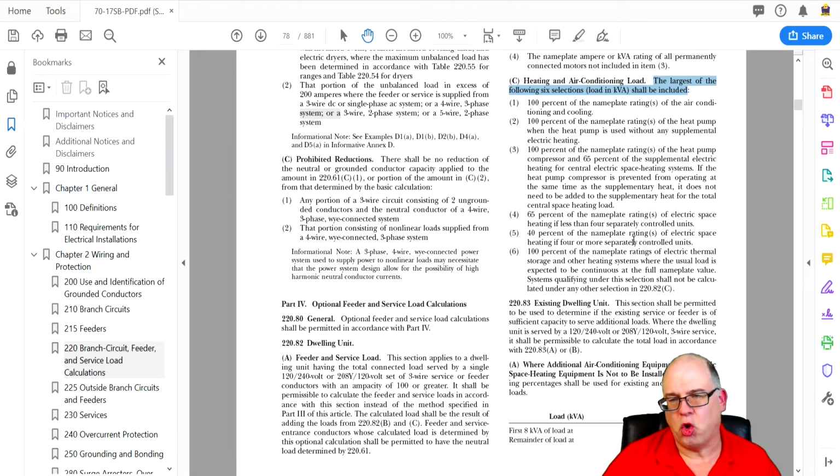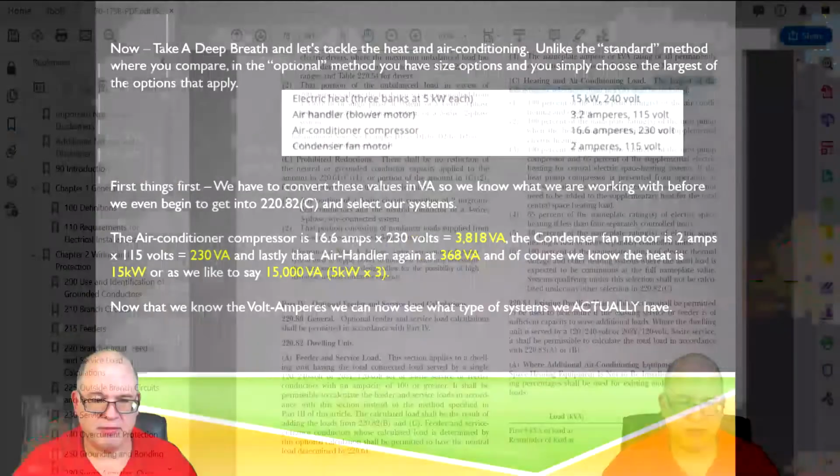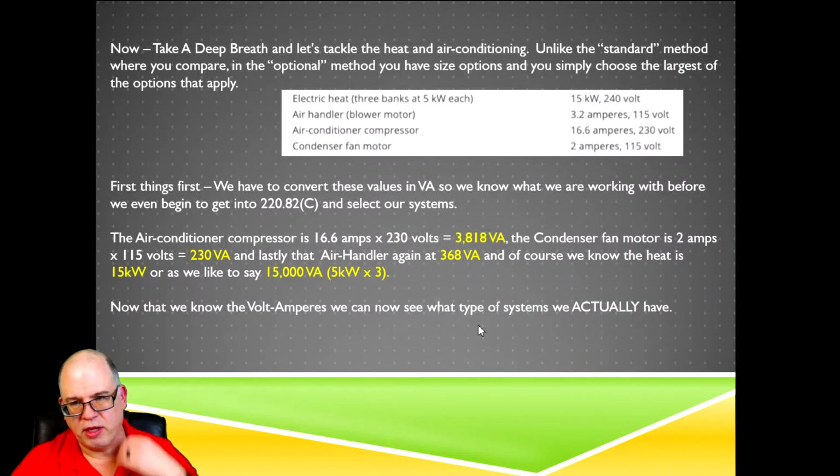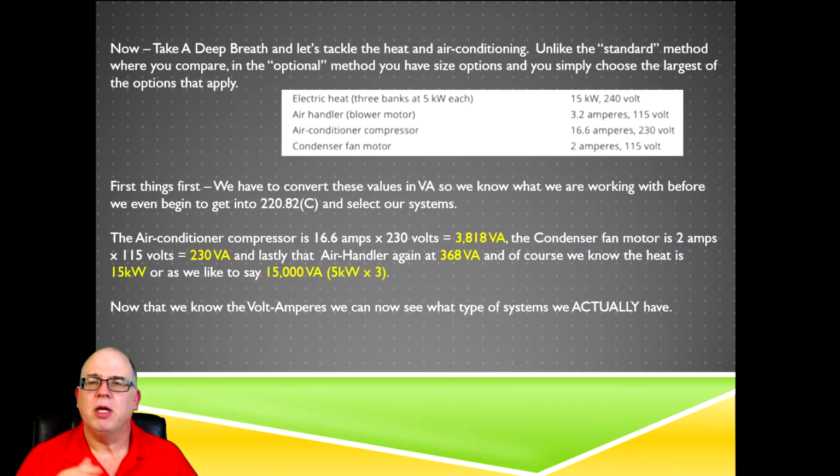So you need to know what your system is in order to be able to apply these. Okay, you need to know. All right. I'm just saying. So let's make sure that I'm back at my presentation, and let's look at each one of these. Now, first things first, when I get on an exam or even in real life, and I start getting values for the heat and air conditioning, and I'm given amps and volts, or if I'm given horsepower for certain motors, I'm going to have to convert them like I did earlier.